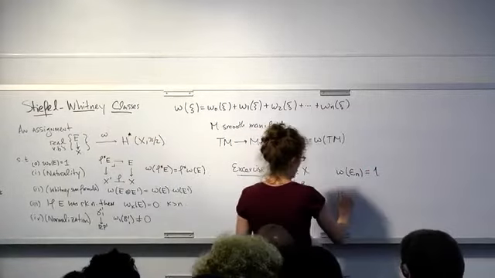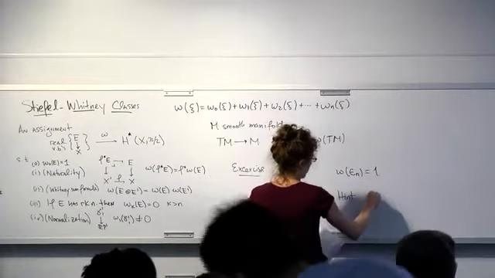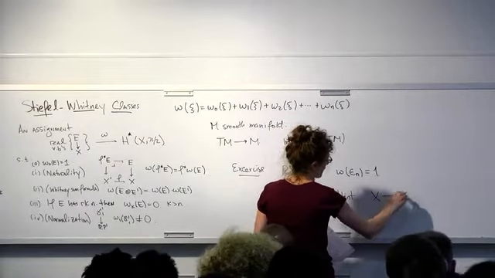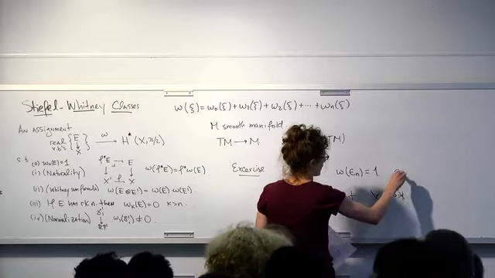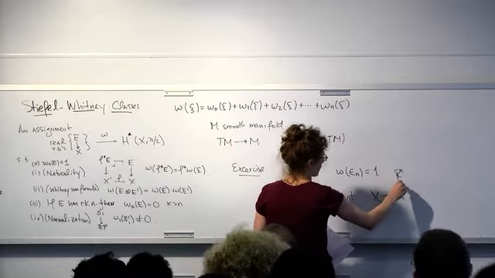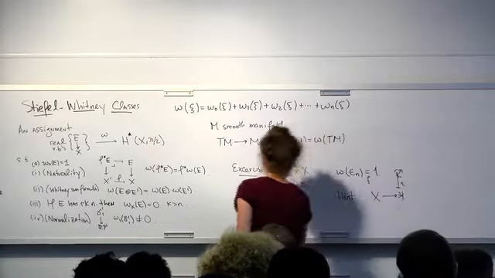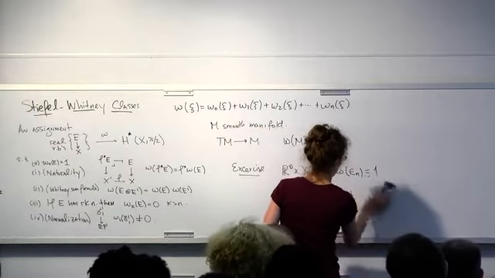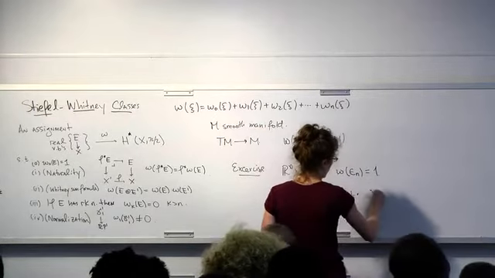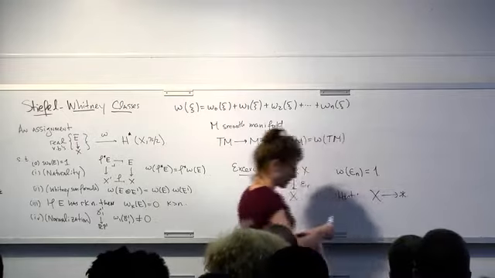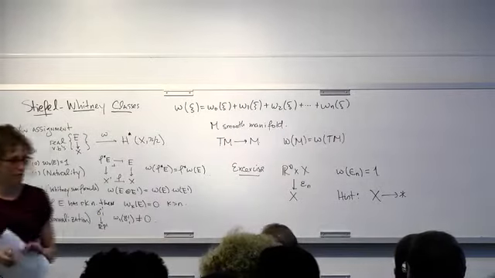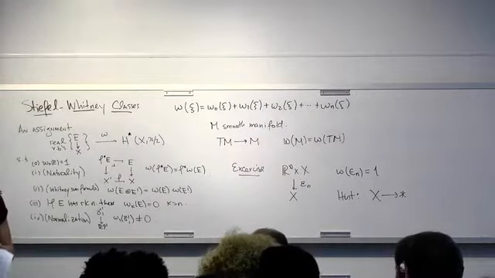And maybe the hint is to consider the map of X to a point and pull back. Look at the map from X to a point and put an n-plane bundle on the point. Okay?